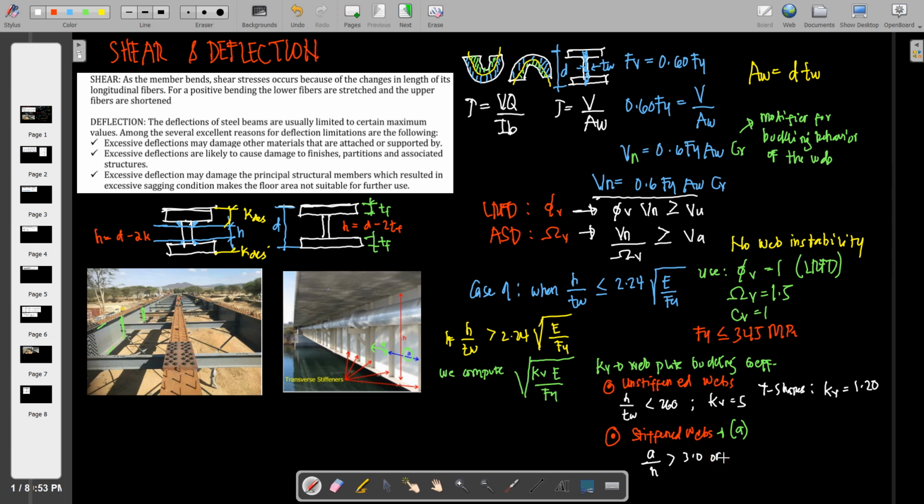Or an expression to compare A over H to this expression, 260 all over H all over thickness of the web.